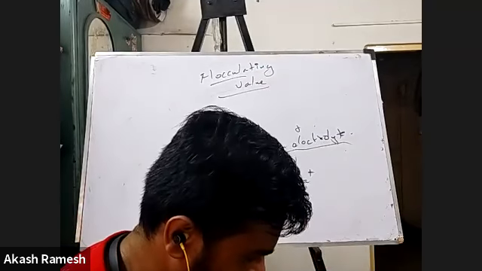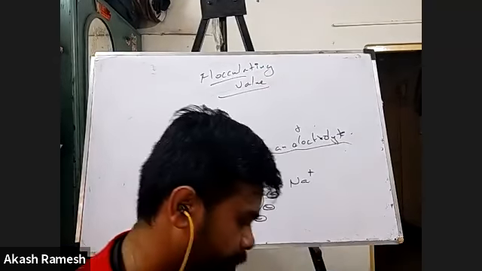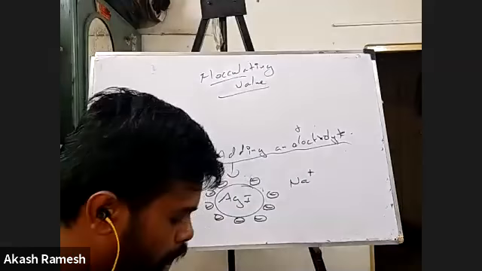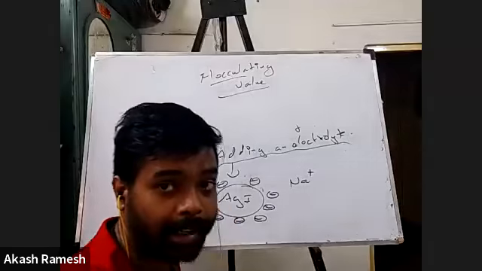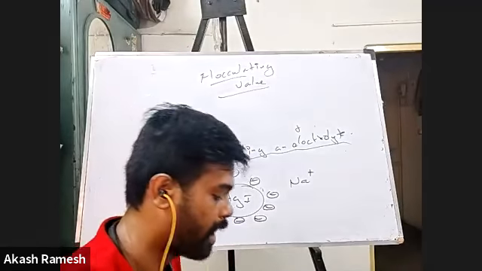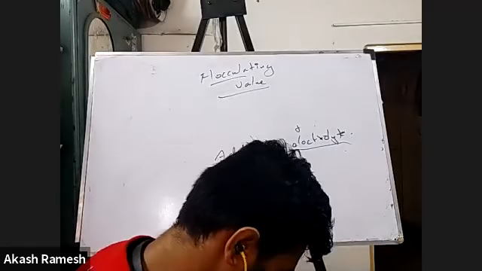Please take down the definition again. Flocculating value talks about the electrolyte: depending on the electrolyte, how fast I'll be able to do the precipitation.